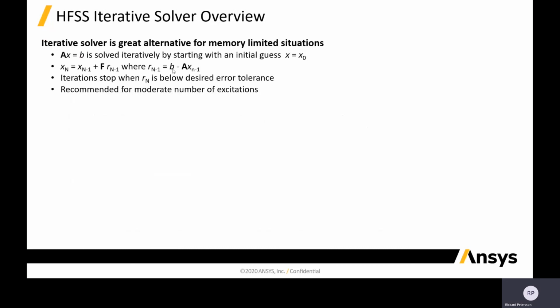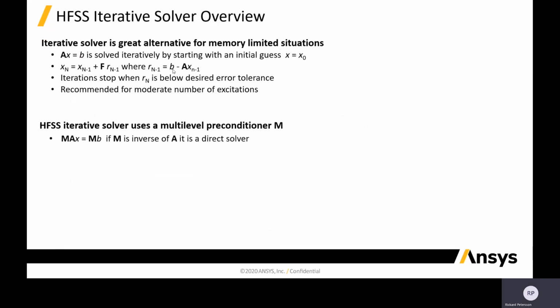So this process keeps on iterating until you get a desired error tolerance of the residual. And the operator f takes a different form depending on what exact type of iterative solver you have. And you have different types, but this is the general form. And this process is recommended for a moderate number of excitations, since the solution due to each excitation has to be solved separately.